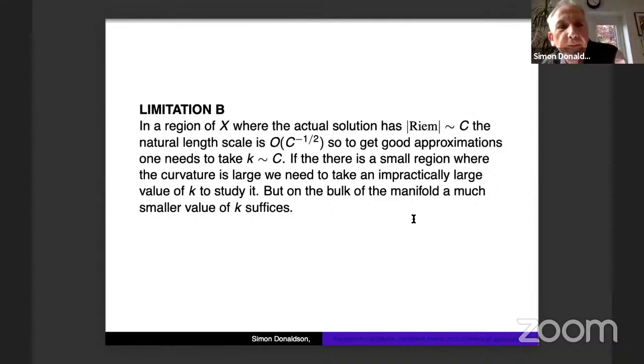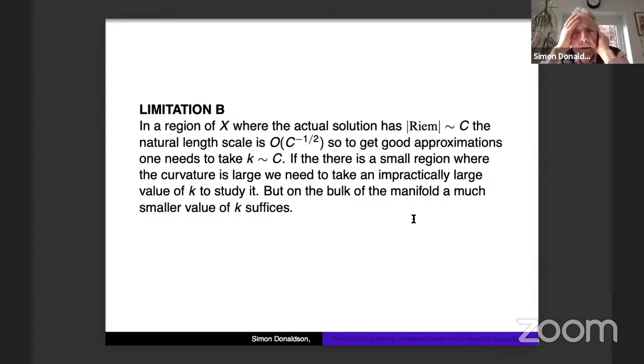The other limitation goes back to what we said about the link between k and scale. Supposing we have a part of our manifold where the actual metric we're interested in has large curvature, say of size order c. The natural length scale there on which we can study that piece of the manifold is order c to the minus 1/2.